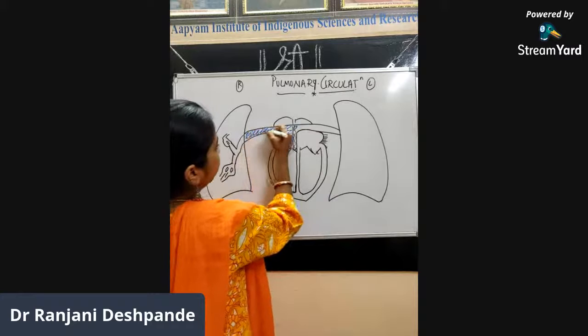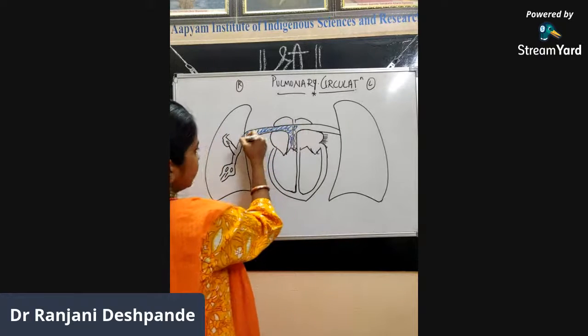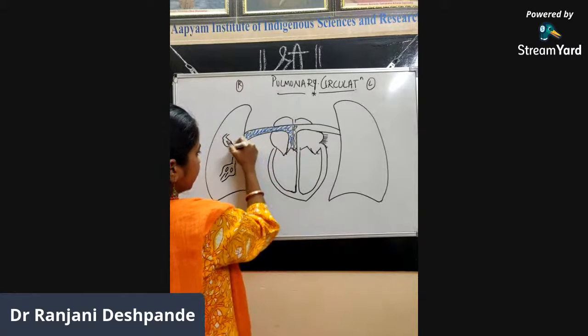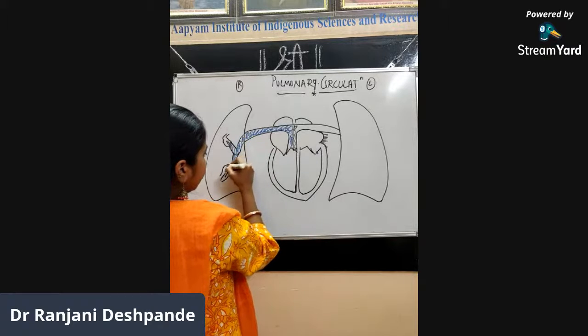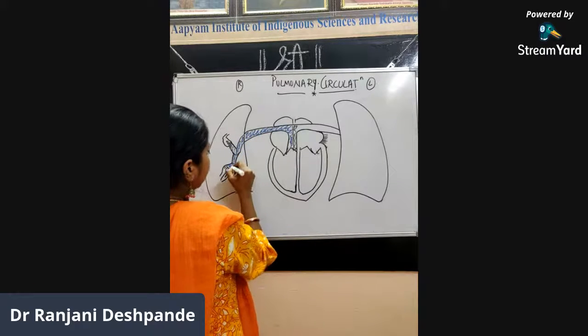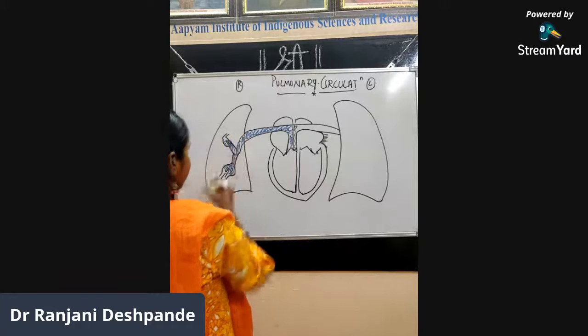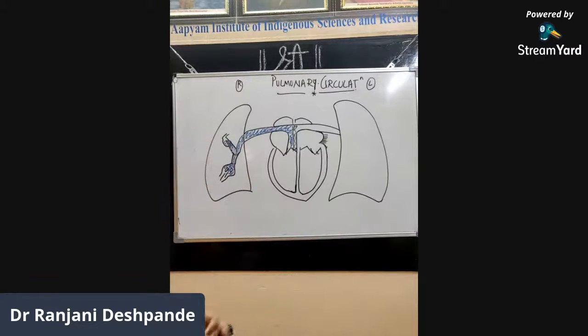So this is the pulmonary artery. It comes, it divides. Next, there will be smaller divisions up to the capillary level, and from the capillary level there is gaseous exchange of blood.